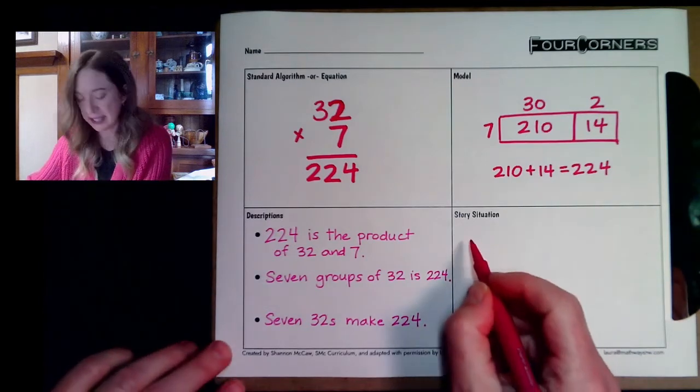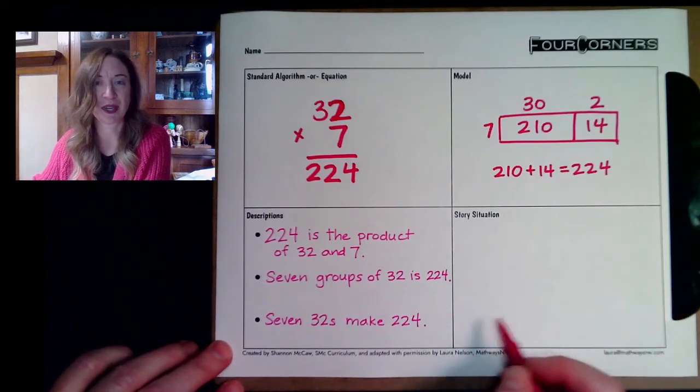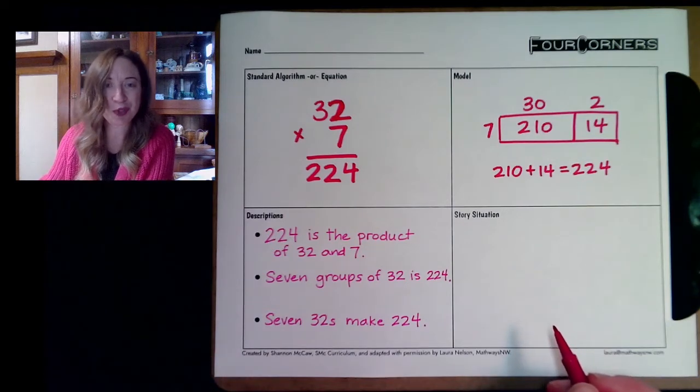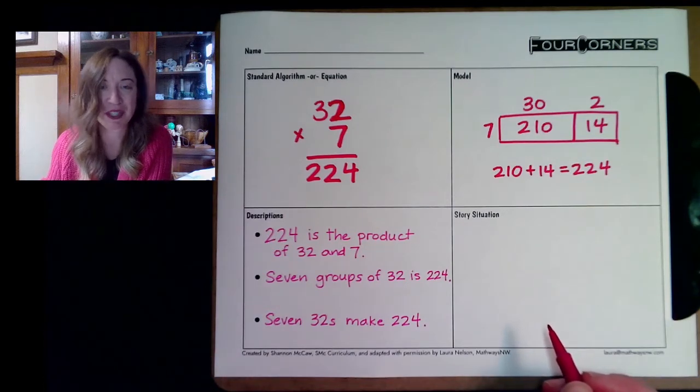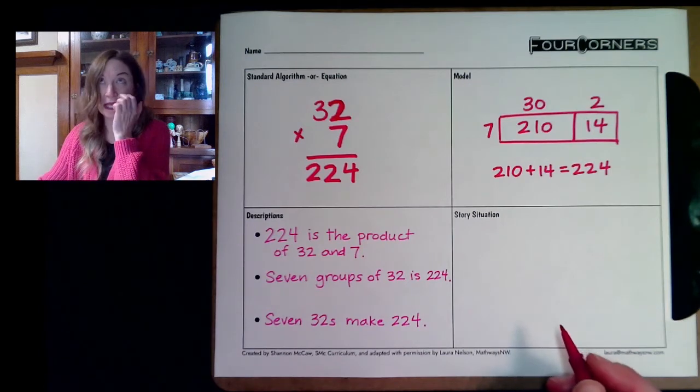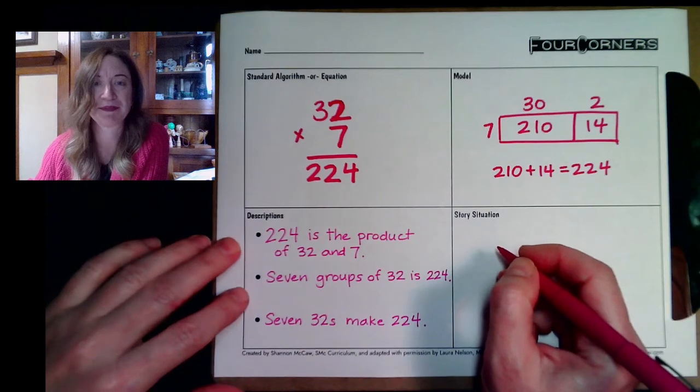And lastly, I need to come up with a story situation. Some example where 32 groups of 7 or 7 groups of 32 equal 224. Let me think of a good one.